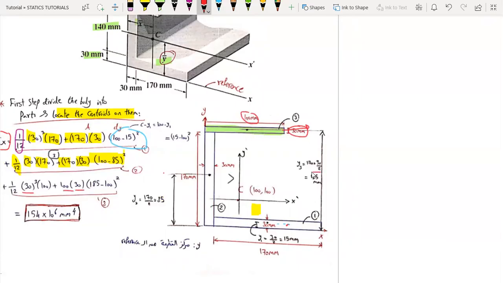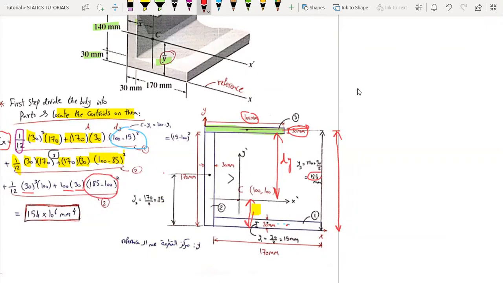Here we have found the distance from the center of segment number 3 till the datum to be 185. And we know here the distance is 100. So if we say 185 minus 100, this distance will be dy, which is 85. So here it's 185 minus 100.